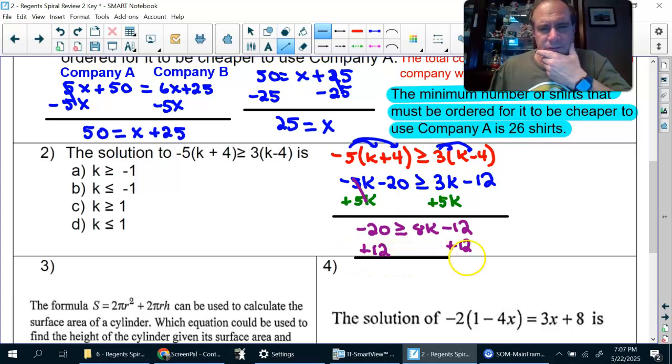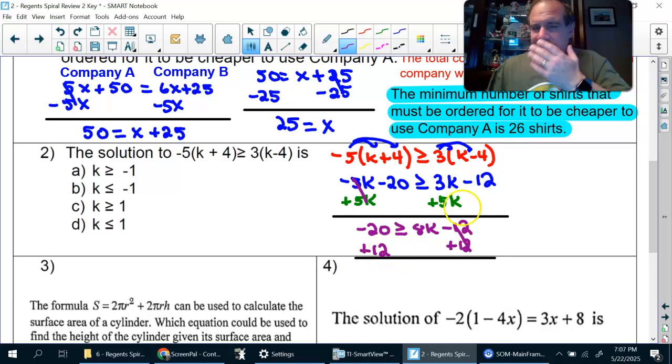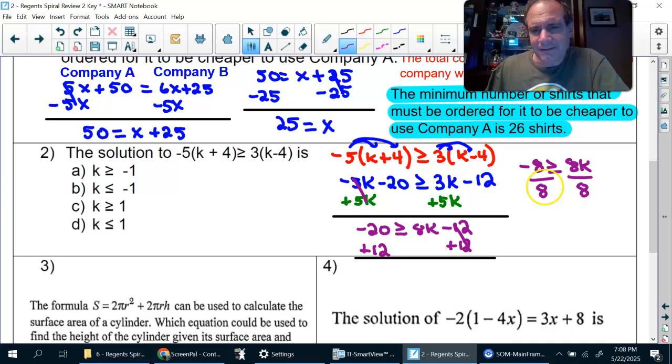This cancels. This cancels, and I'm going to go right up here. Negative 20 plus 12 is negative 8, greater than or equal to 8k. Then when I divide, I'm going to divide by a positive.